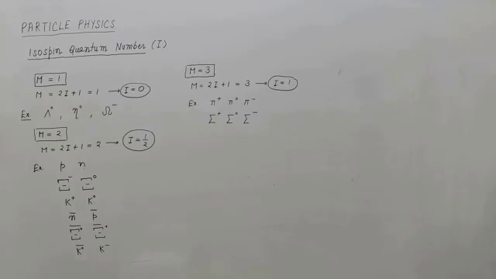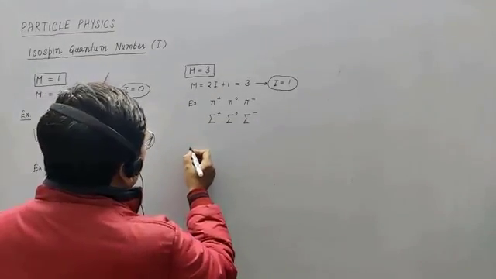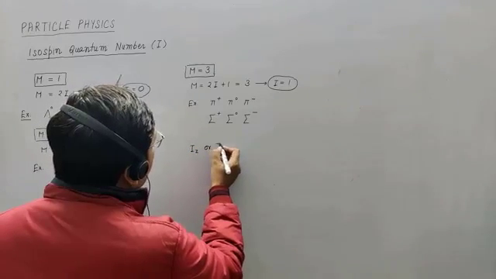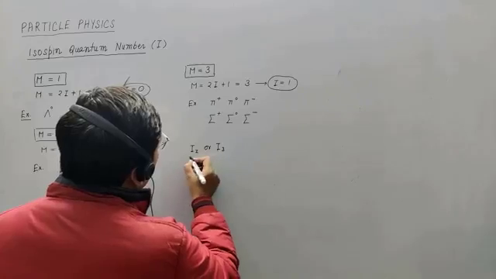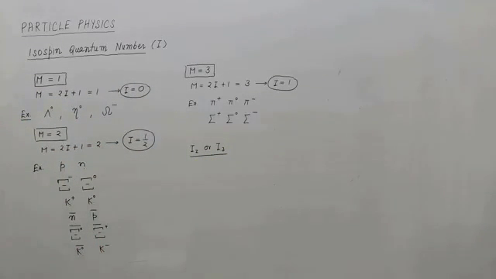So we also have to distinguish between these particles. Then for this, a third component of isospin, a new quantum number, IZ or I3, was devised.